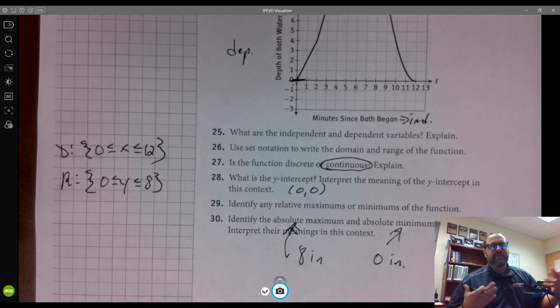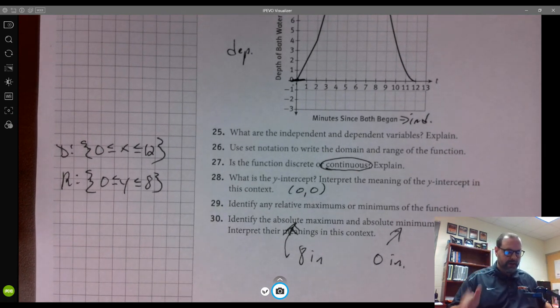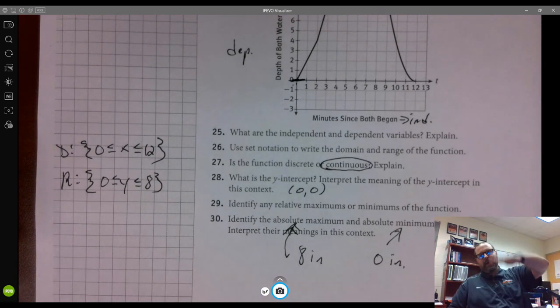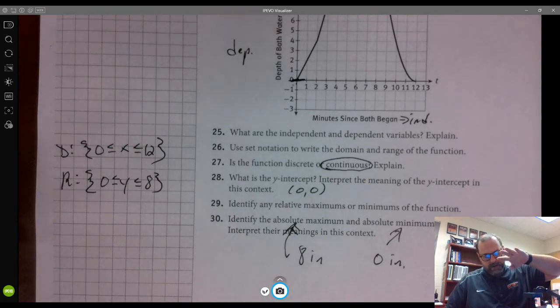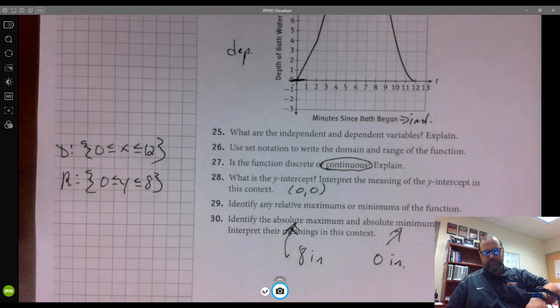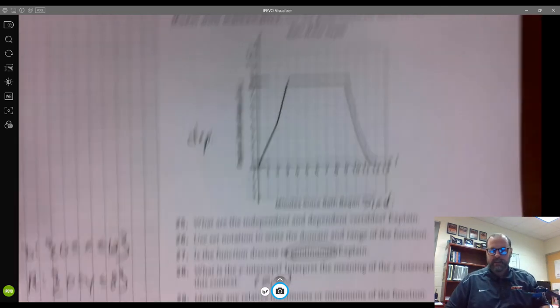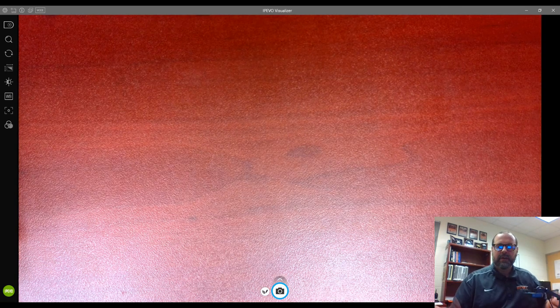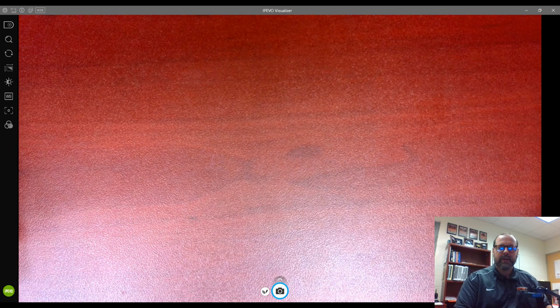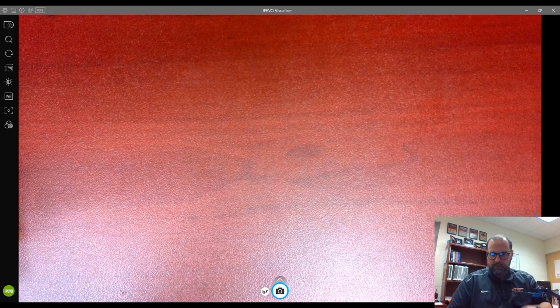Okay, so nothing fancy about it. It's just taking the time to think through, all right, where did I start? Where did I end for domain? Where did I start? Where did I end for the range? Looking at the vertical part. What's the absolute highest? The absolute lowest. Where does it cross the y-axis, the vertical axis? So straightforward, but just take the time to make sure you're thinking through each one of them.